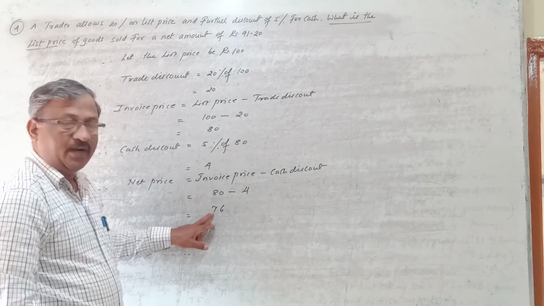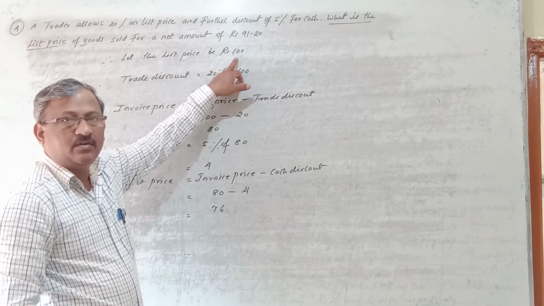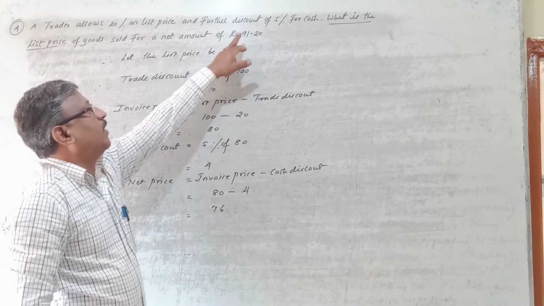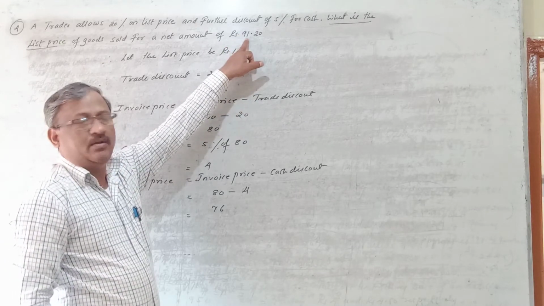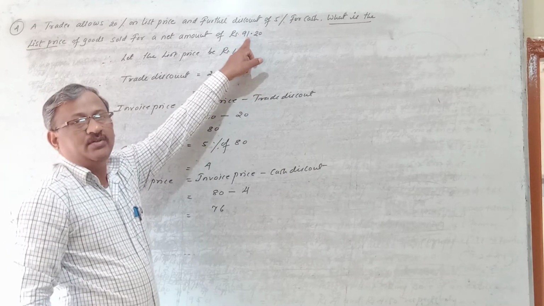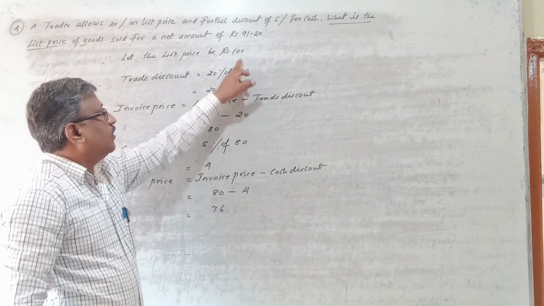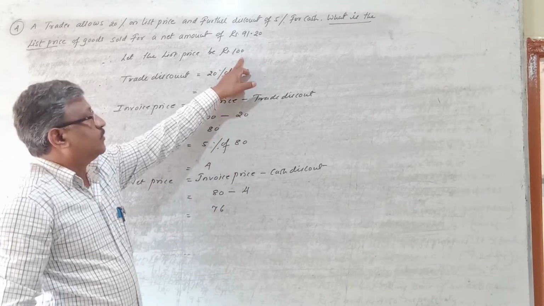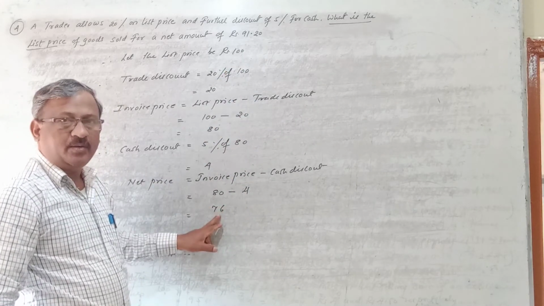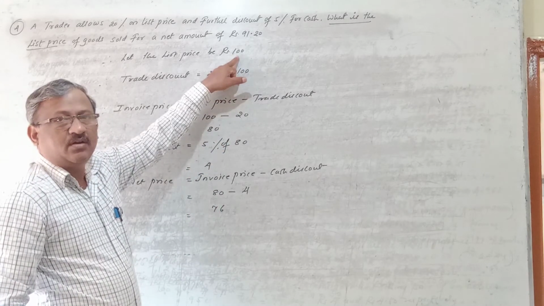So we get net price 76 when our list price is 100. Now if my net amount is 91.20, what must be the list price? To find the list price for this net price, we made this assumption. Here we know both prices, this is the net price when this is the list price.